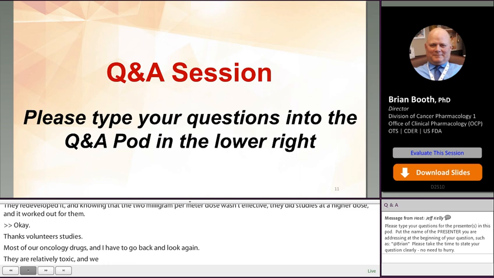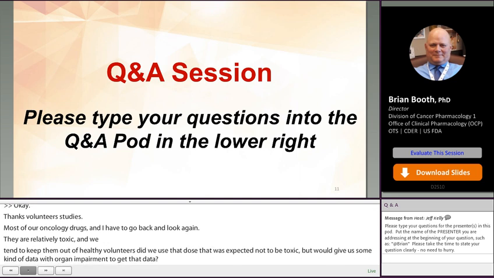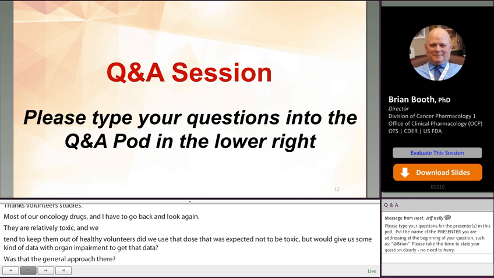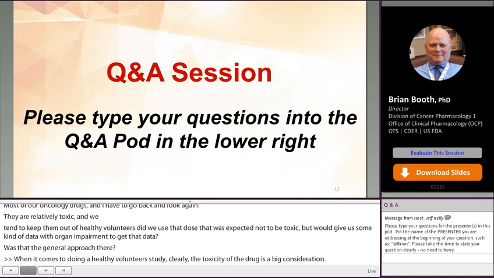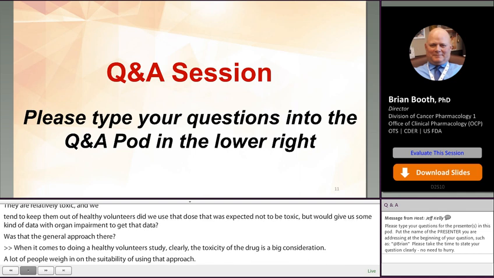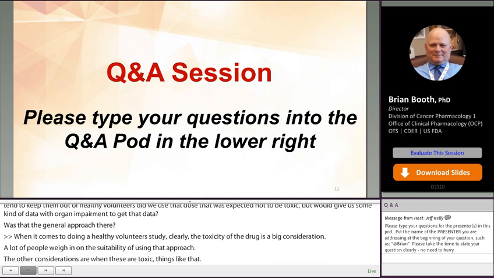So when it comes to doing healthy volunteer studies, clearly the toxicity of the drug is a big consideration, and a lot of people weigh in on the suitability of using that approach. The other considerations are whether these are genotoxic or reprotoxic or things like that. And as you said, in many examples that we have, they aren't suitable for doing healthy volunteer studies.